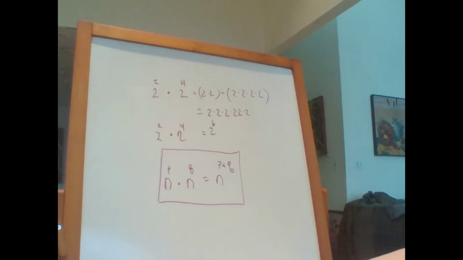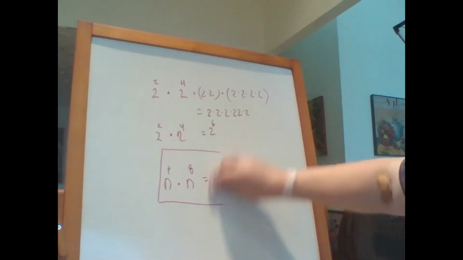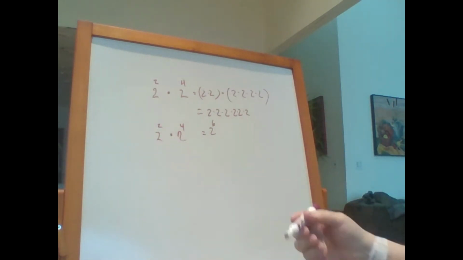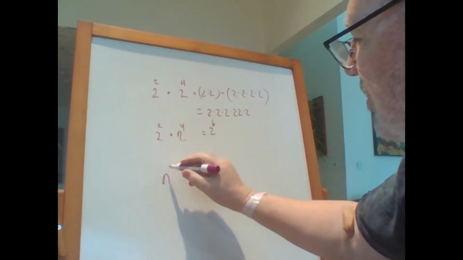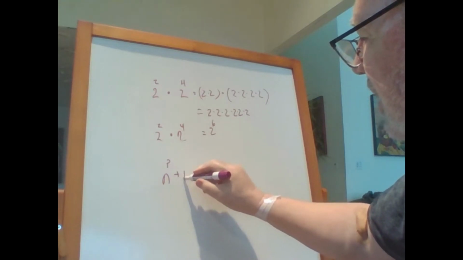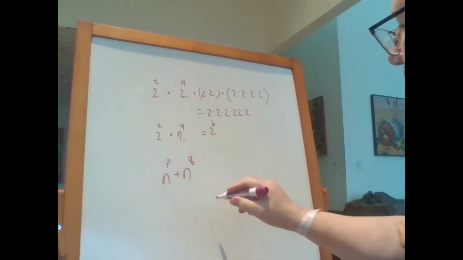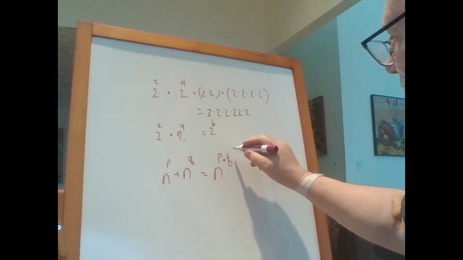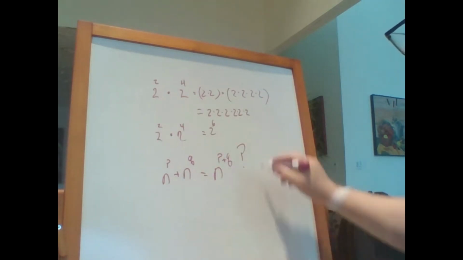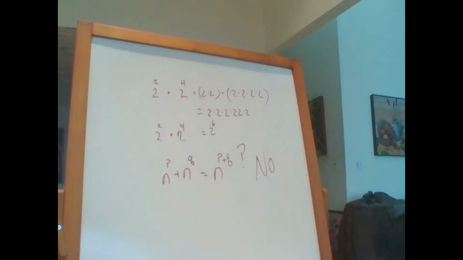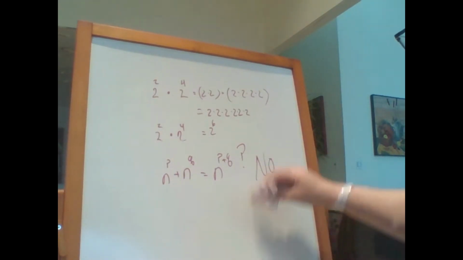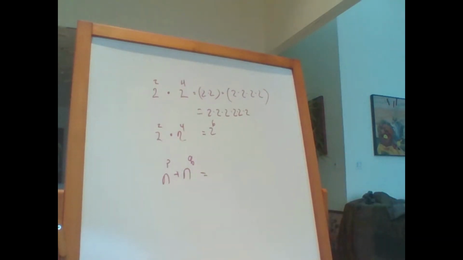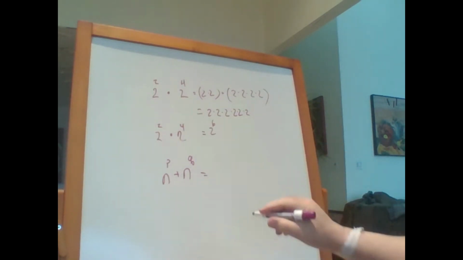Now, what if we had n to the p plus n to the q? Is that equal to n to the p plus q? No. And the reason for that is, let's give an explicit example.